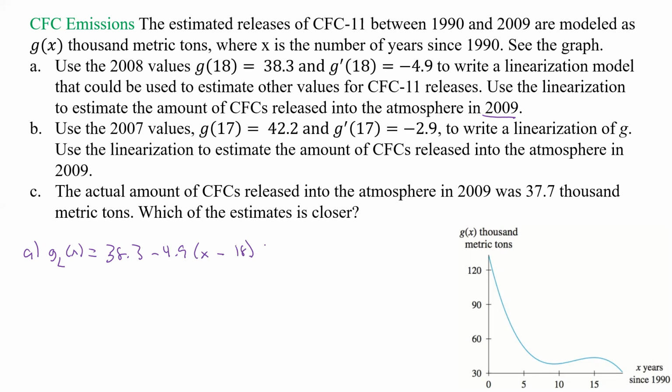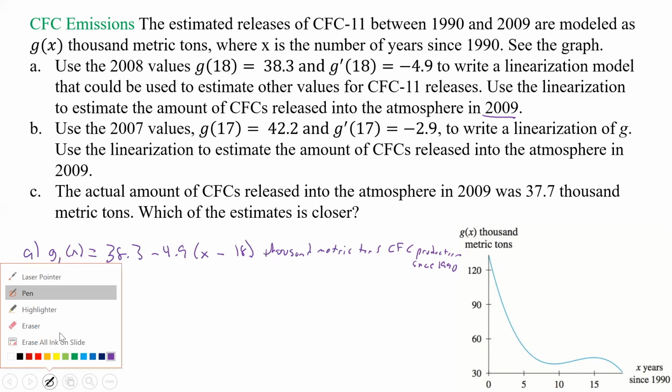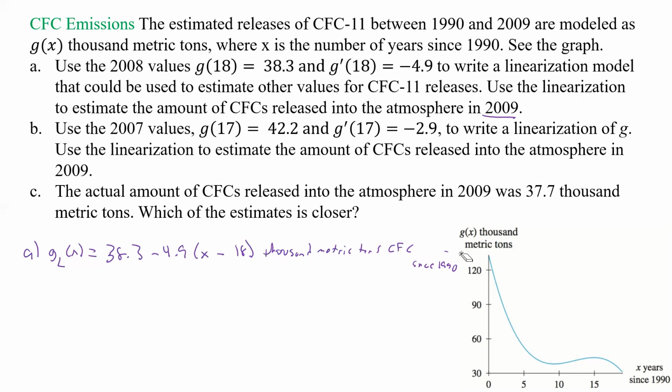And again, if we're going to write everything out, we would say, okay, well, that's going to be equal to 1,000 metric tons of CFC releases since 1990. Okay, so that's kind of, we'll shorten it as much as possible. Oh, that's releases, not production. Well, I guess it's production into the atmosphere is what I meant, but we'll go ahead and say releases.